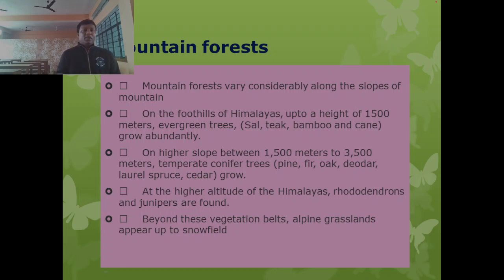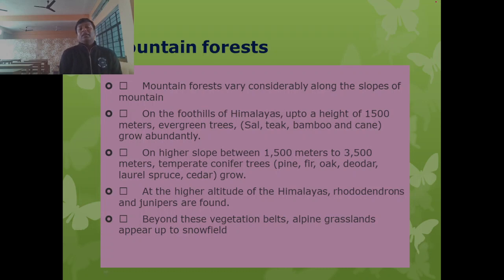Mountain forest. Mountain forests vary considerably along the slope of the mountain. On the foothills of the mountain, up to a height of 1500 meters, evergreen trees like sal, teak, bamboo, and cane grow abundantly. But on the high slopes from 1500 meters to 3500 meters, temperate coniferous trees like pine, fir, oak, deodar, laurel, spruce, and cedar grow.